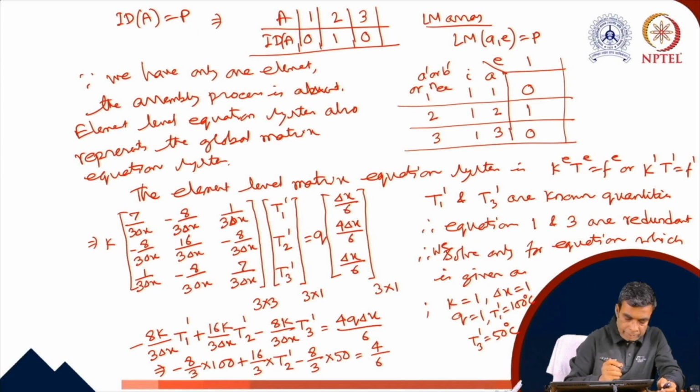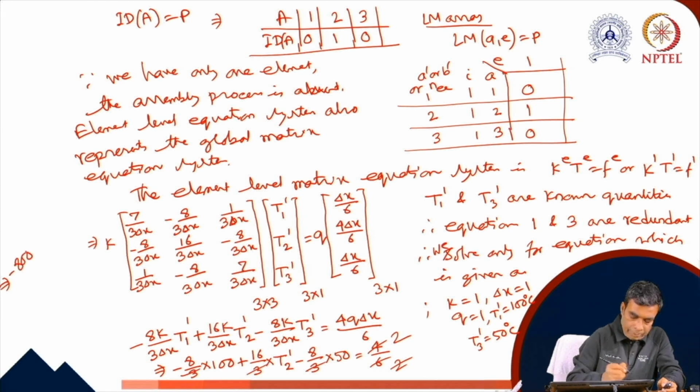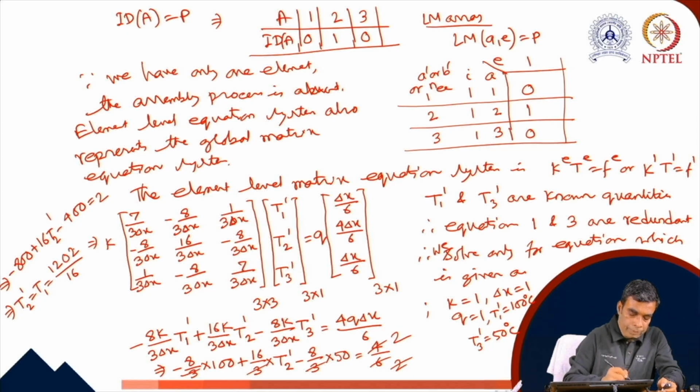So this gives minus 800 plus 16 T21 minus 400 equals 2, or T21 equals 1202 by 16, which is equal to 75.125 degrees centigrade.